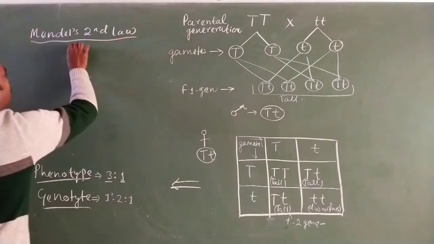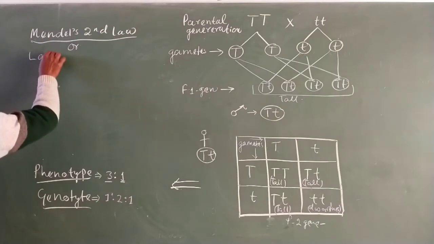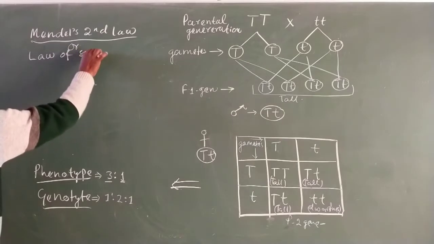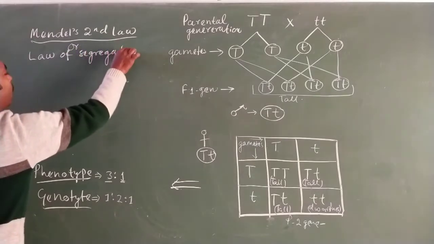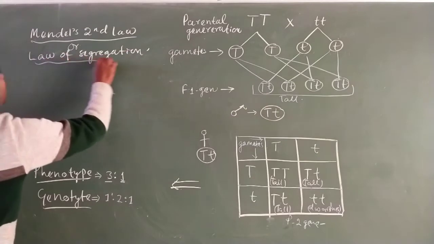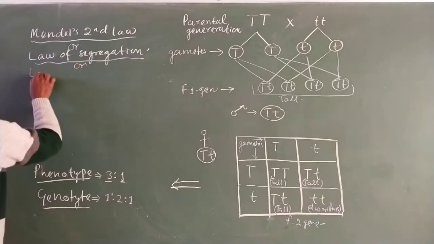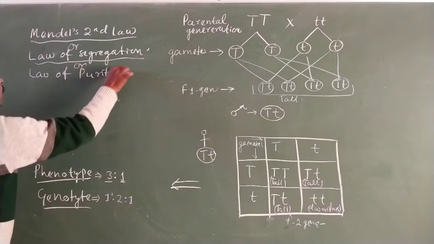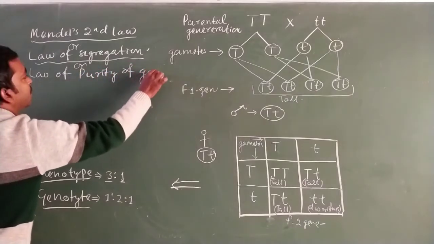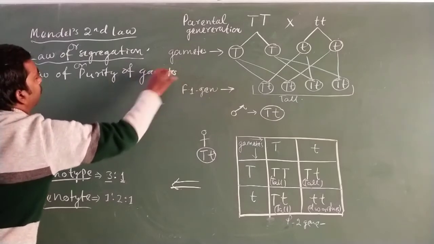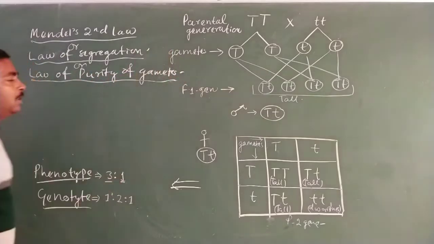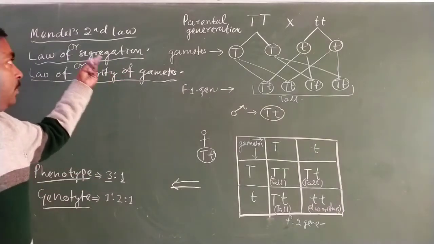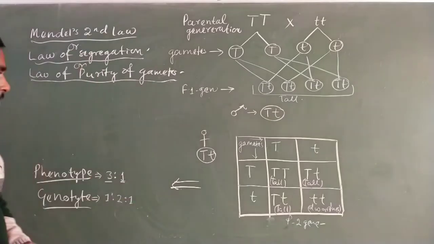It can also be known as the law of segregation, or it can also be known as the law of purity of gametes. So there are three names given for Mendel's second law of inheritance.